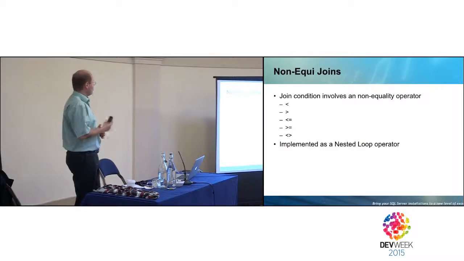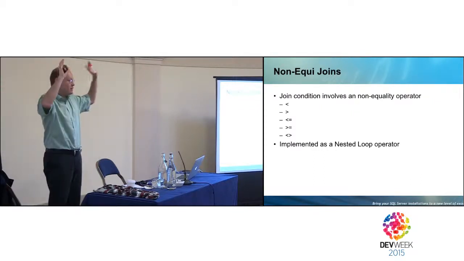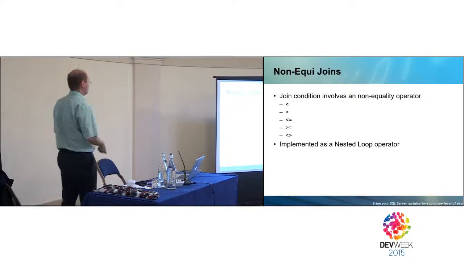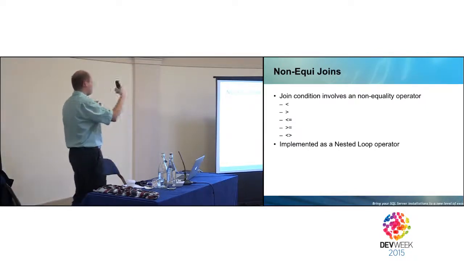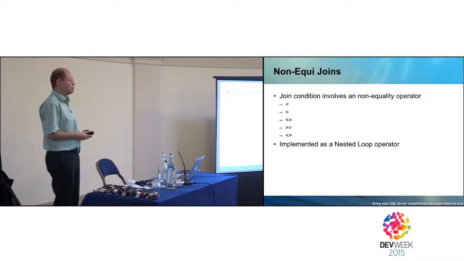There are also so-called non-equijoin operators. Here, when we say a.id equals b.id, we have a so-called equijoin, the equal sign. When you have not the equal sign, like you say smaller than, larger than, not equal to, then this is a so-called non-equijoin.